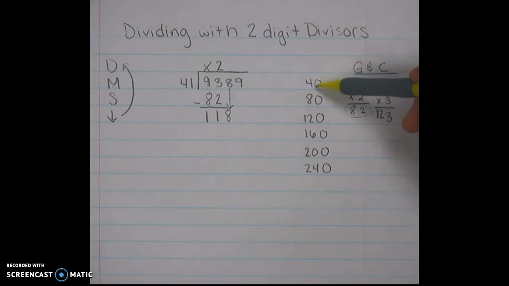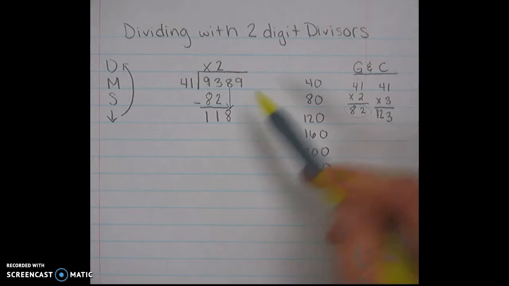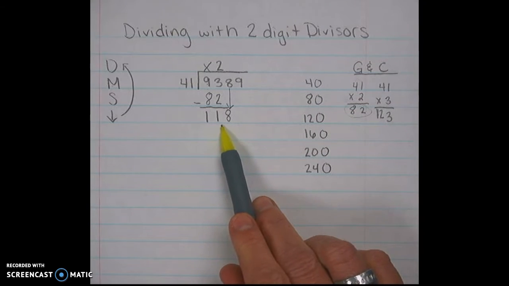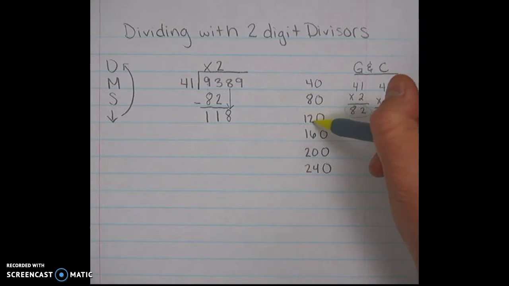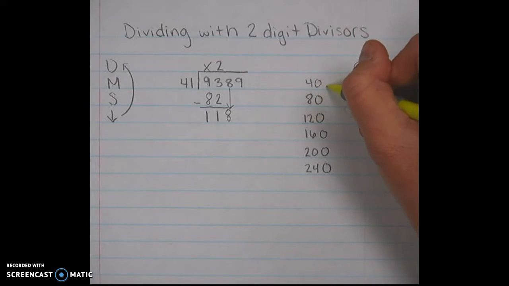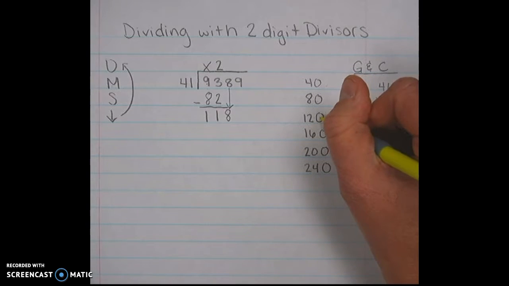So I'm going to use my guess and check, my little strategy here that I used, and I'm going to look for approximately 118. That falls right about here and right close to 120. So 40 times 1 would be 40. 40 times 2 would be 80. 40 times 3 would be 120.